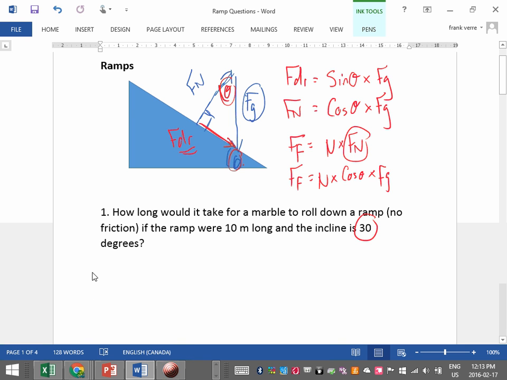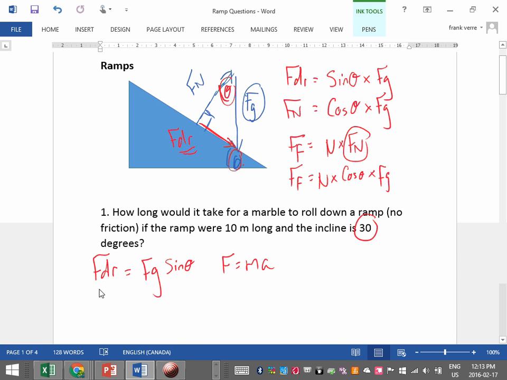Now, alright, so the ramp is 30 degrees. Here, what do we know about the force down the ramp? We said that the force down the ramp is a function of the weight. I really should be writing the weight first, times sine theta. Now, we know that force is equal to mass times acceleration.